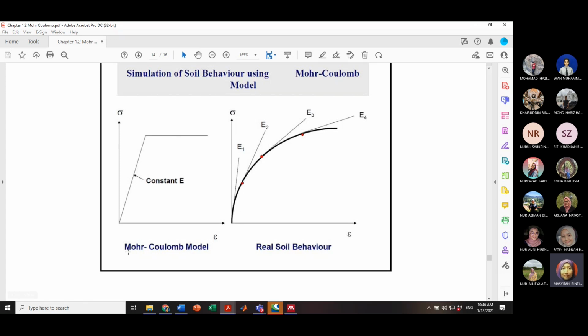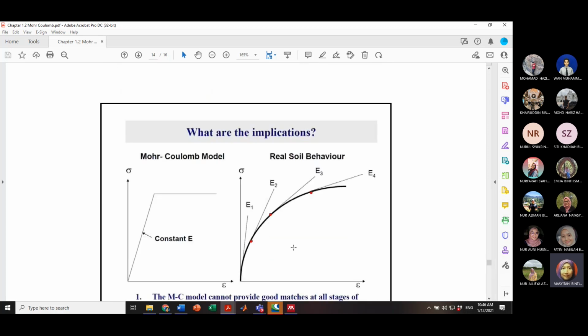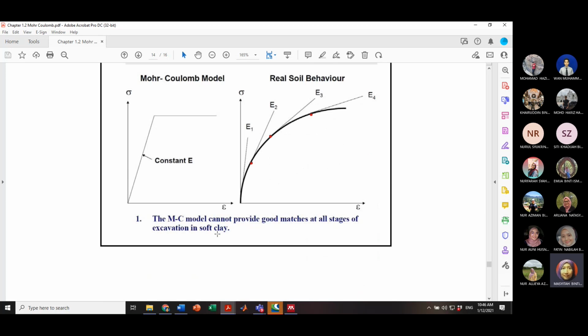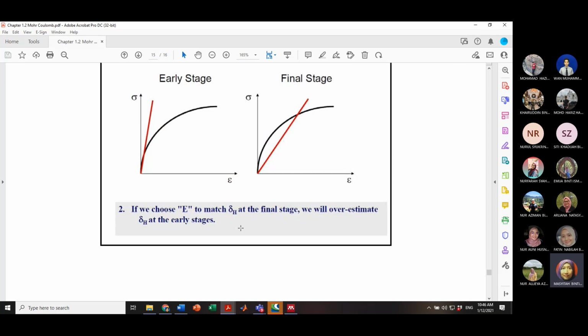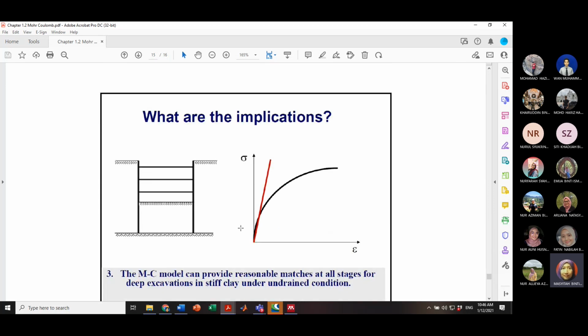But when you use the MC model, you only have one constant E, which is not true to represent the real soil behavior. So in conclusion, the MC model cannot provide good matches at all stages of excavation in soft clay. What are the implications? It over-predicts, or overestimates, at the early stage.